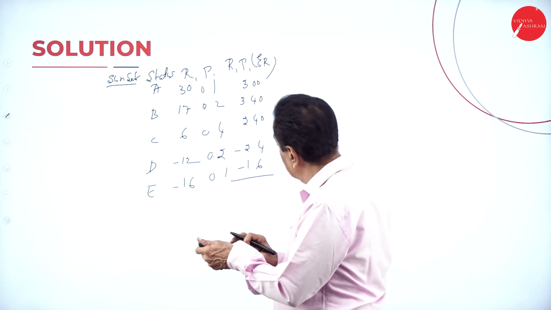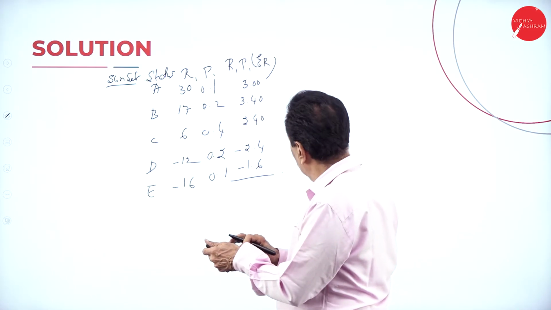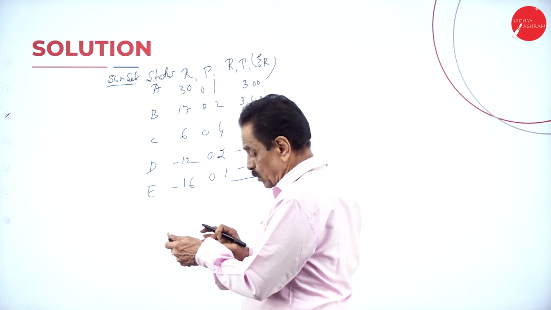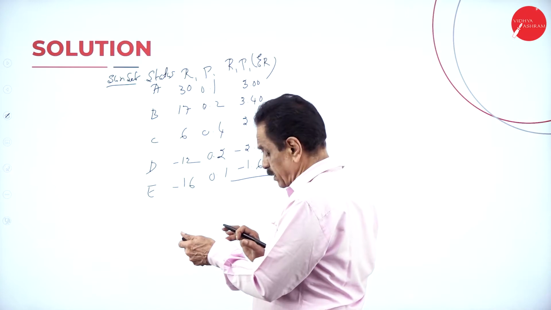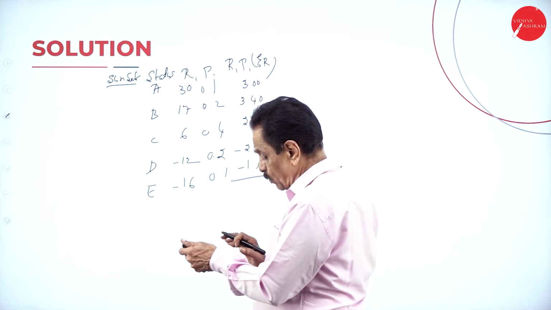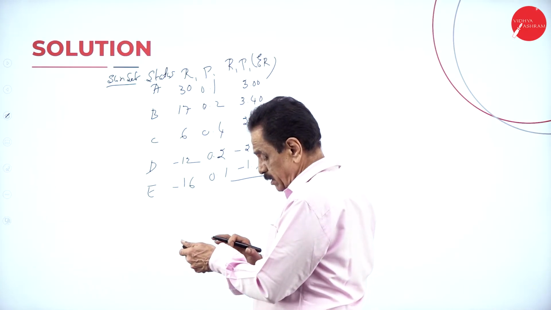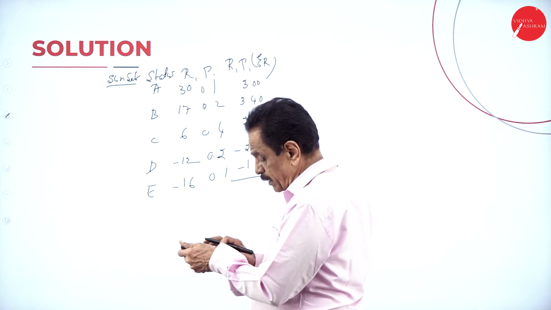This is 3 plus 3.4 plus 2.4 minus 2.4 minus 1.6.